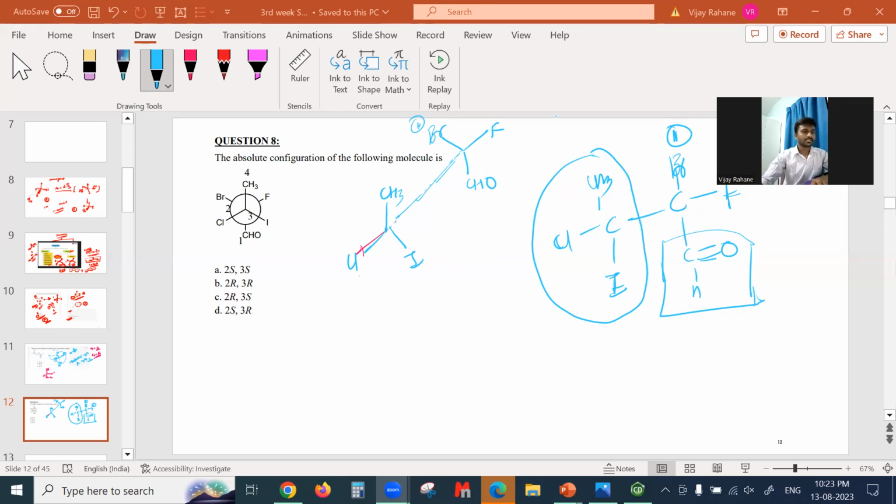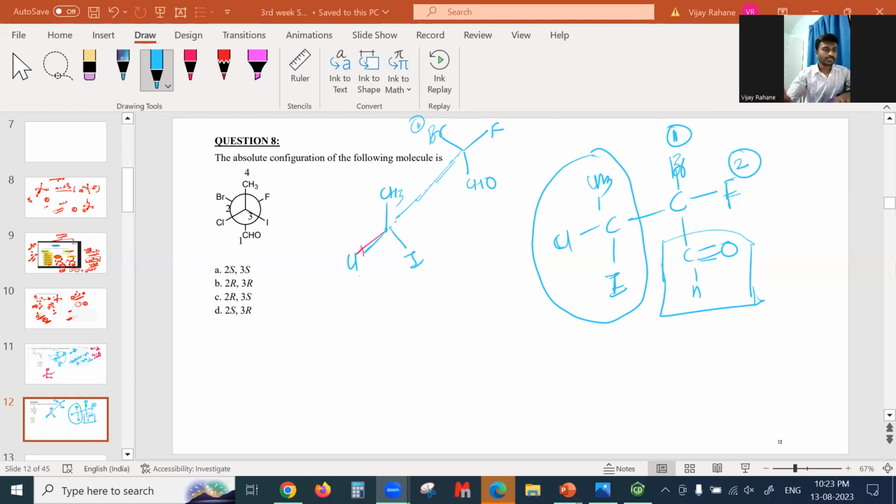So in this one, the first priority will be the bromine, second priority will be the fluorine, and third priority we have to give, which will definitely be the carbon atom, which has which group? So the first, this one is the second and third.